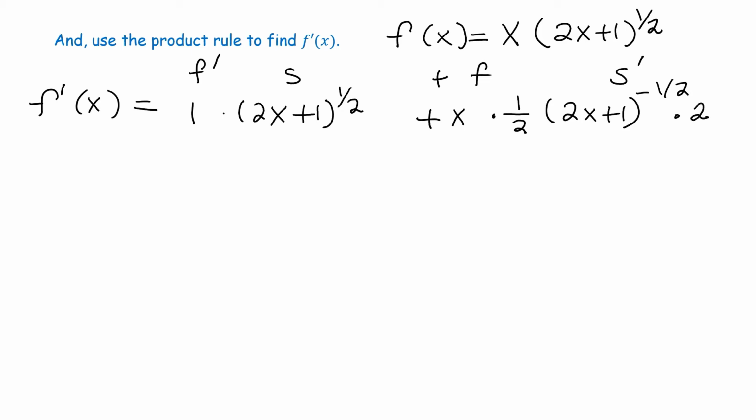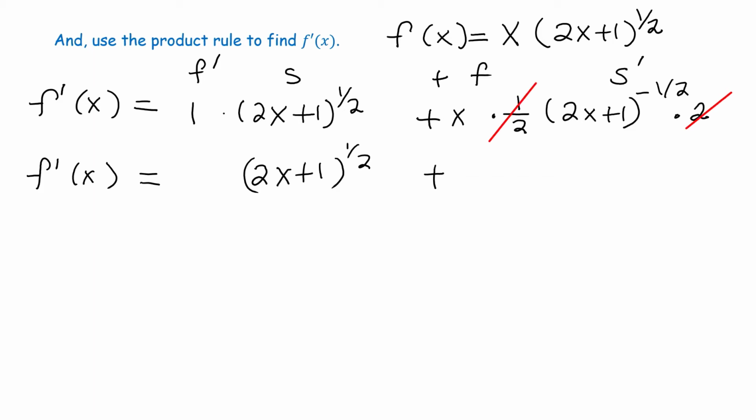We'll simplify this sum. So f prime of x is equal to 2x plus 1 to the 1/2, and on the right side, the 1/2 and the 2 cancel, so you'll have x, and then we move the 2x plus 1 raised to the negative 1/2 to the denominator, so we can express that as 2x plus 1 to the positive 1/2.